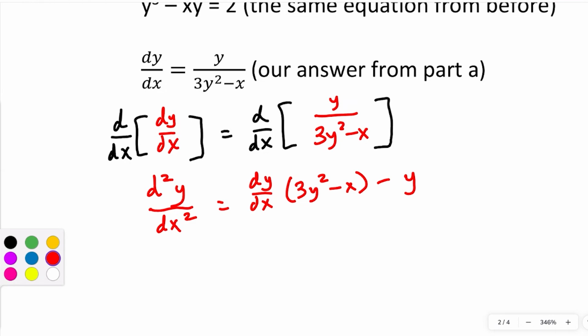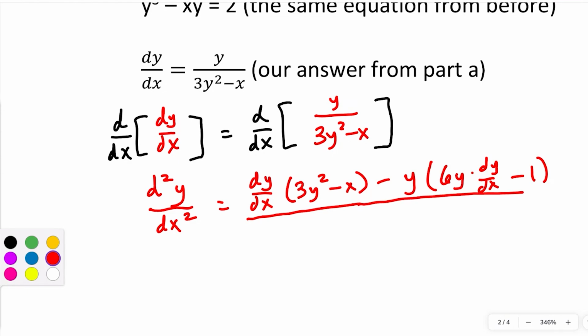But it shouldn't be too bad. 6y times dy dx minus the derivative of just x, which is 1. So that's the numerator. And the denominator is 3y squared minus x, quantity squared.